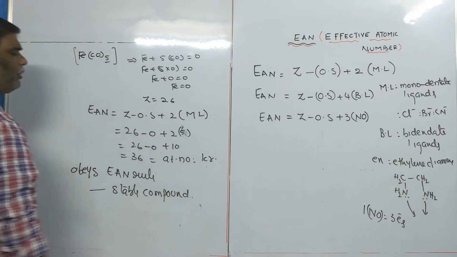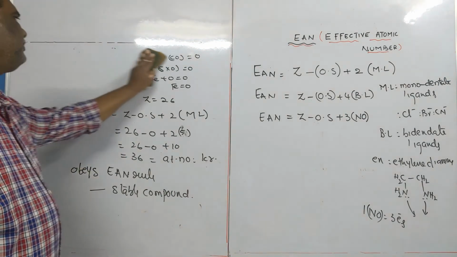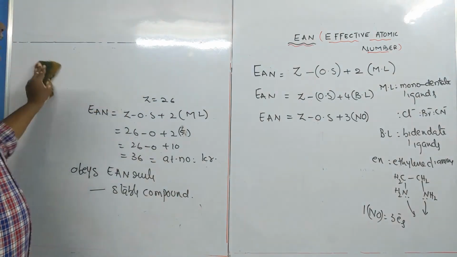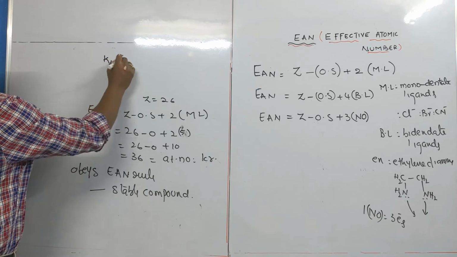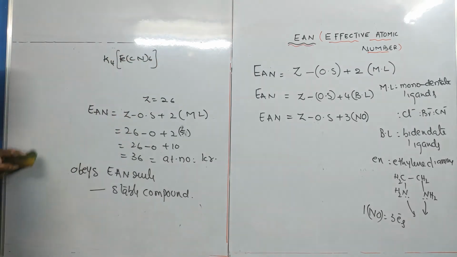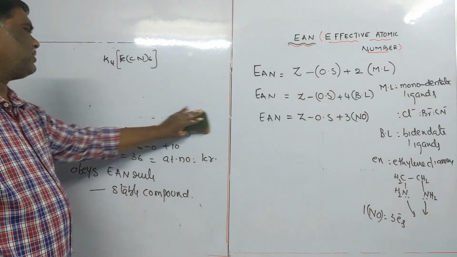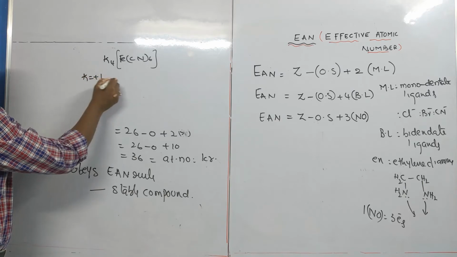Now we take one more example: potassium ferrocyanide. First we calculate the oxidation state. Potassium oxidation state is +1.